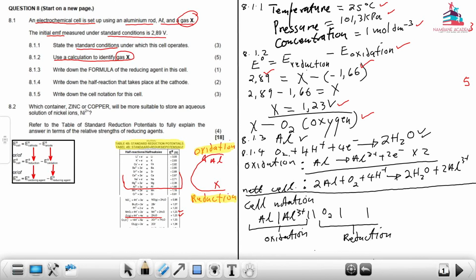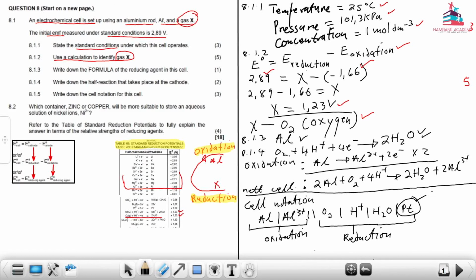Then after the salt bridge we have our O2 and the H plus, and we still have the H2O liquid there. But what is the catch? The catch is I am working with a gas, so I need to have that platinum to increase the surface area or the conductivity of the gas. So this whole side here represents the reduction.